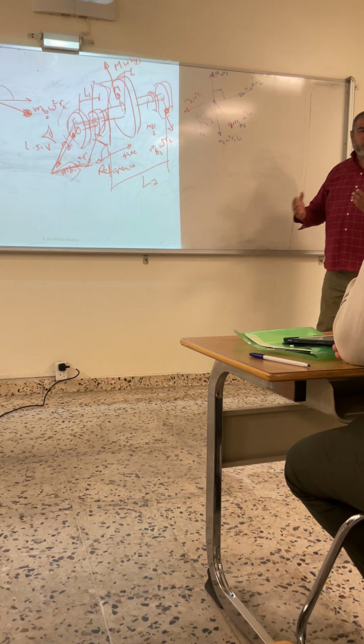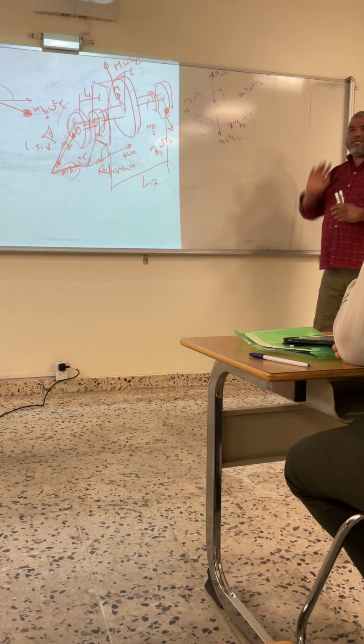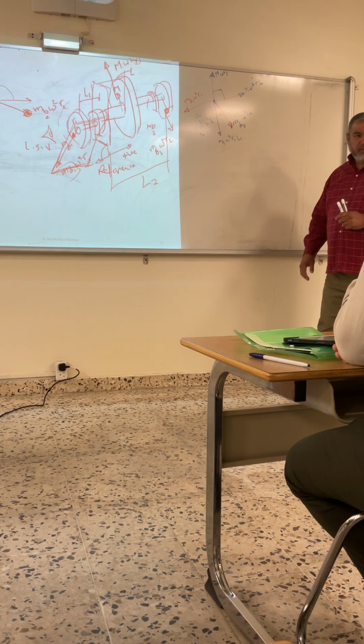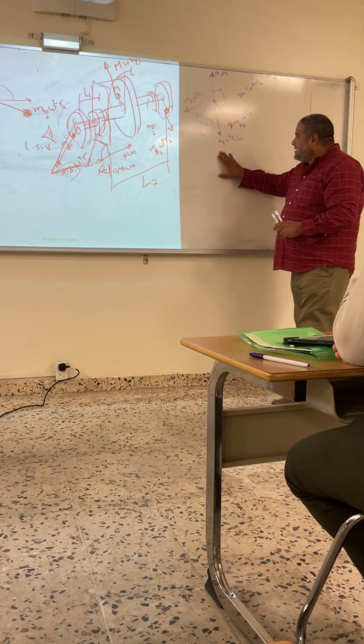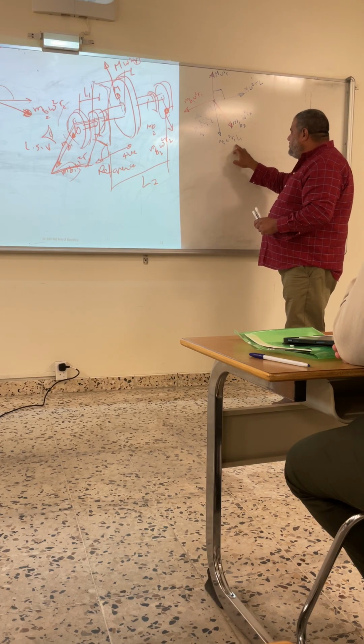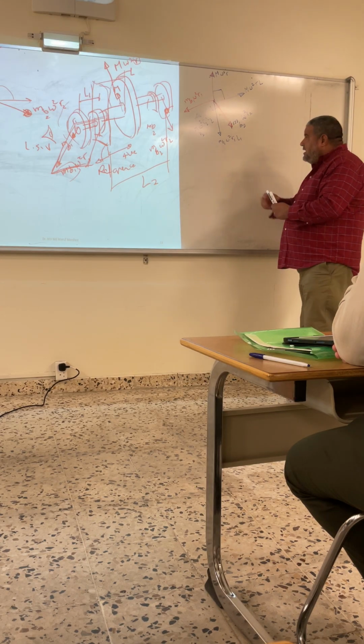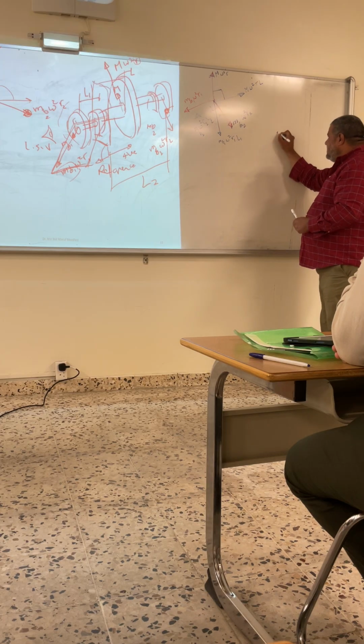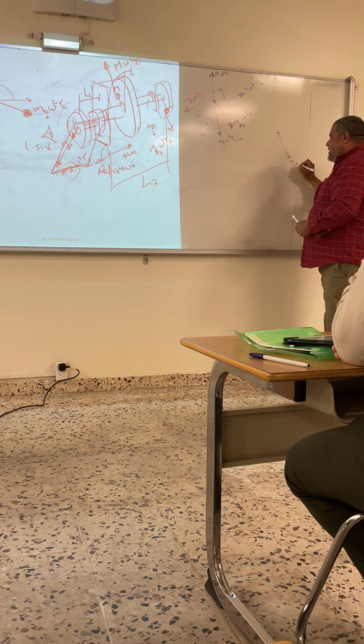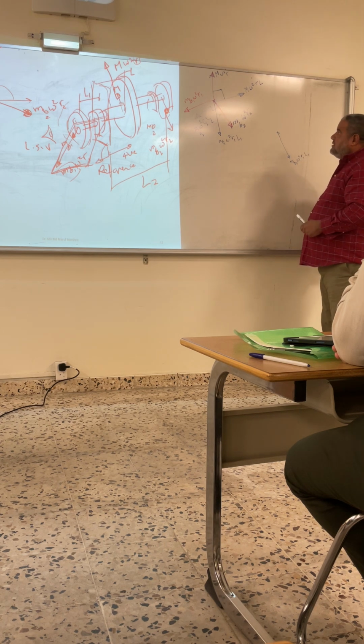Because you will end up drawing two separate figures, one for the forces and one for the moments. And we are done with the business of the forces last time. Now, imagine that you are taking MB1 omega square R1 and drawing it in a separate figure. So you'll end up having MB1 omega square R1 times L1.